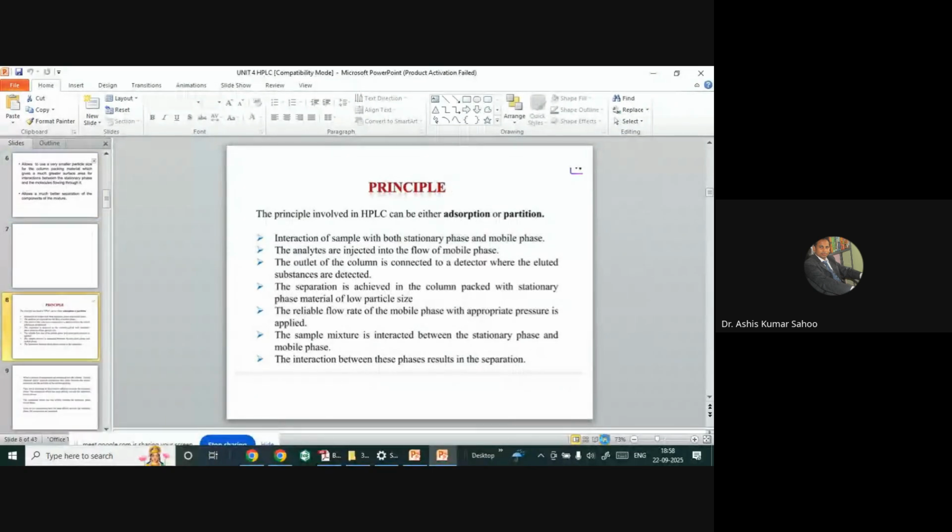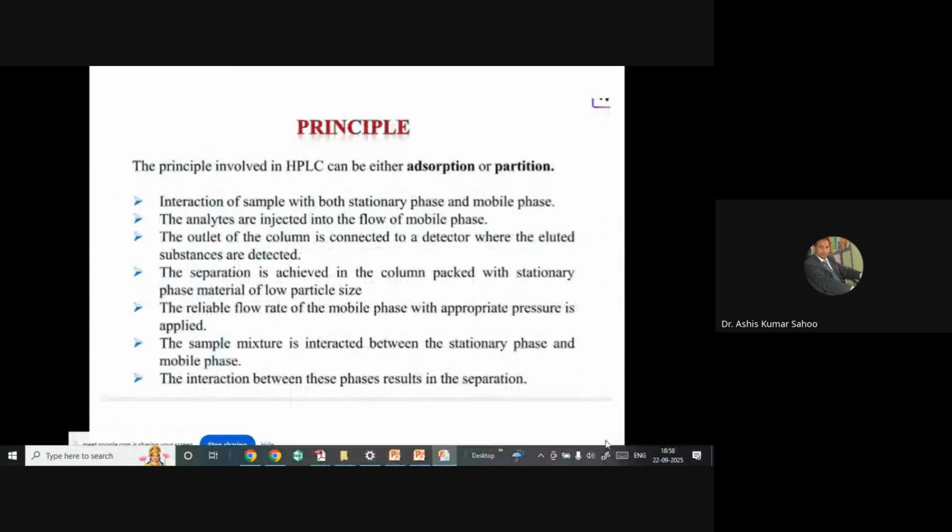So what is the principle of HPLC? These are the principles on which HPLC is constructed. The principle involved can be either adsorption or partition. There is interaction of the sample with both the stationary phase and the mobile phase.